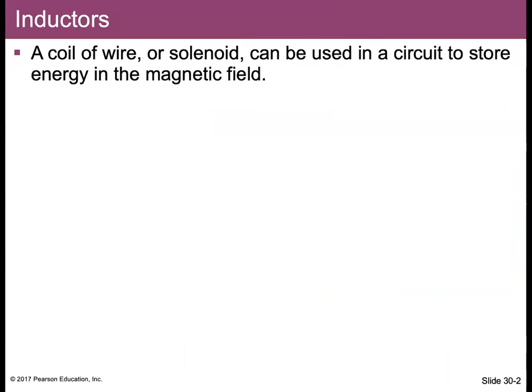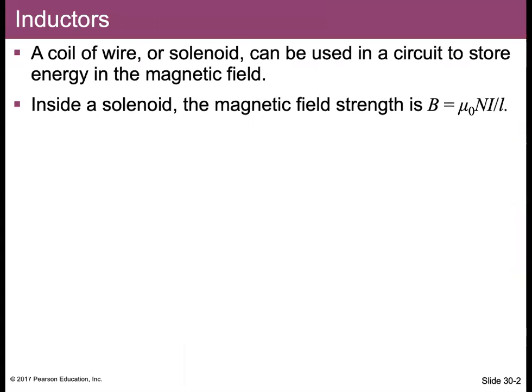A coil of wire or solenoid can be used in a circuit to store energy in the magnetic field. Inside a solenoid, we know that the magnetic field strength is B equals mu naught, the constant, times N, the number of turns, times I, the current, over L, the length.